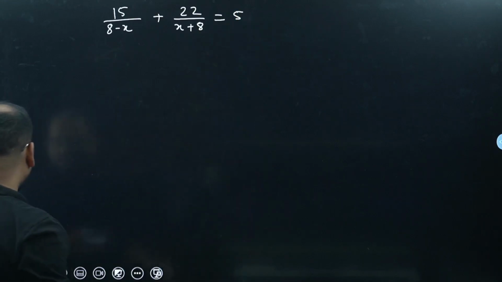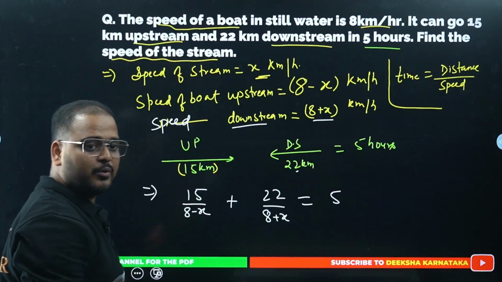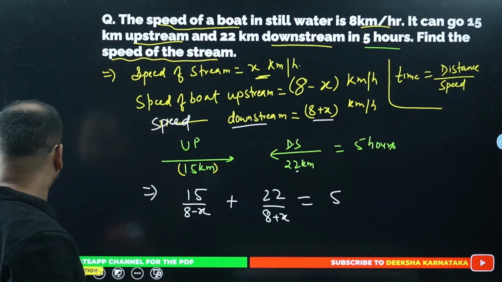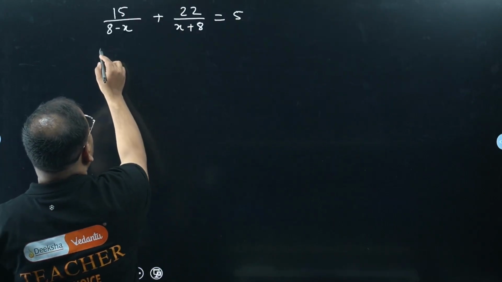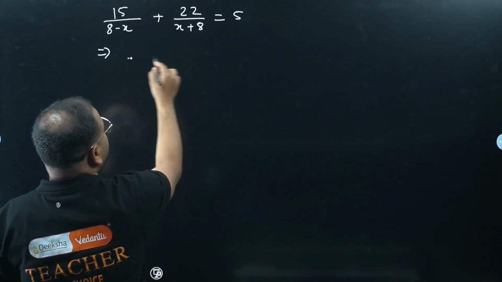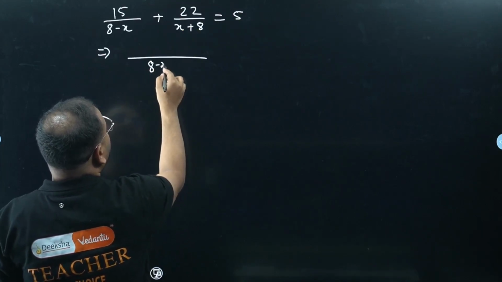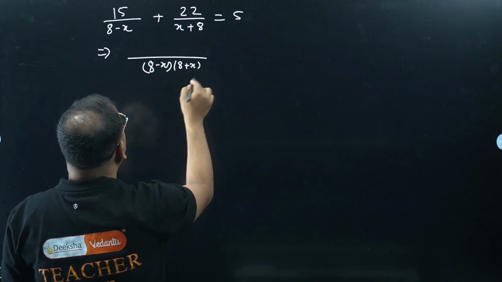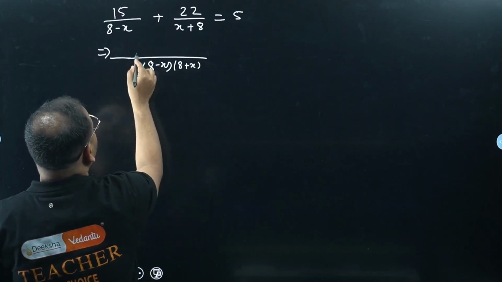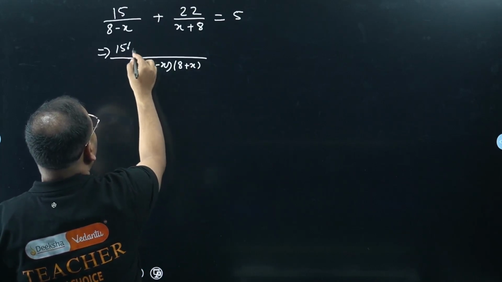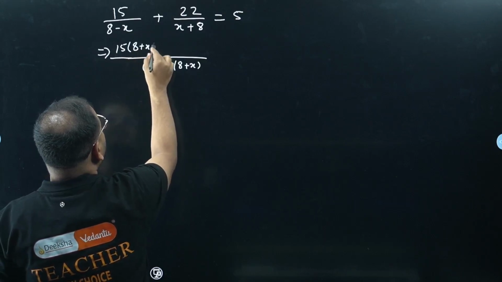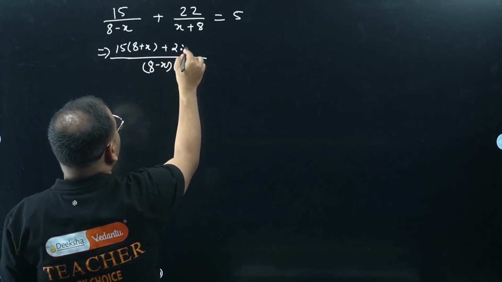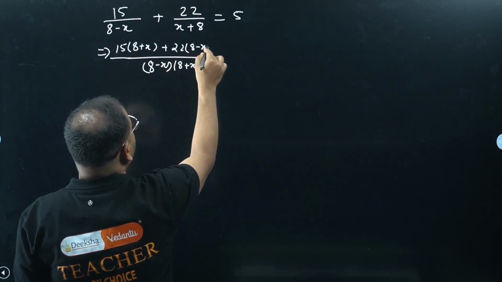Everything is in hours because the speed was given in terms of hours. Let's simplify. The LCM will be 8 minus x and 8 plus x. Let's cross multiply. This will become 15 times 8 plus x plus 22 times 8 minus x.